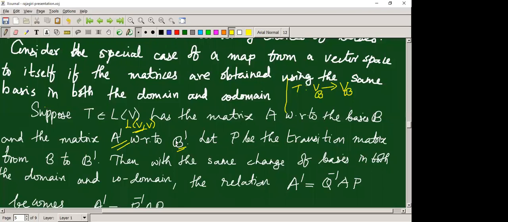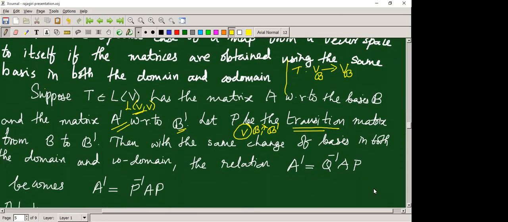Let P be the transition matrix from B to B dash. We can discuss transition matrices because we are considering only one vector space and two bases for V, B and B dash, so naturally we can define a transition matrix from B to B dash. Then with the same change of basis in both the domain and the codomain, we get A dash.